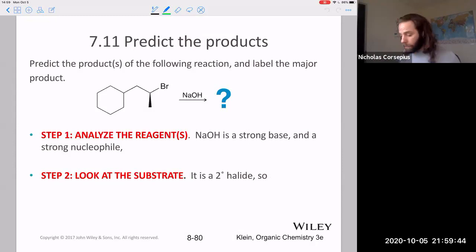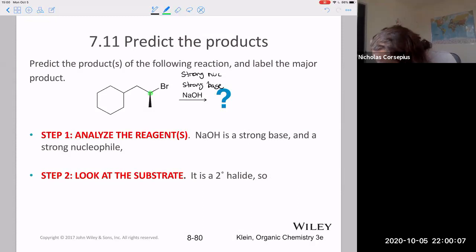First of all, NaOH. This is strong, right? So a strong nucleophile and a strong base. That means we're thinking SN2 or E2. Then we look at our alkyl halide.